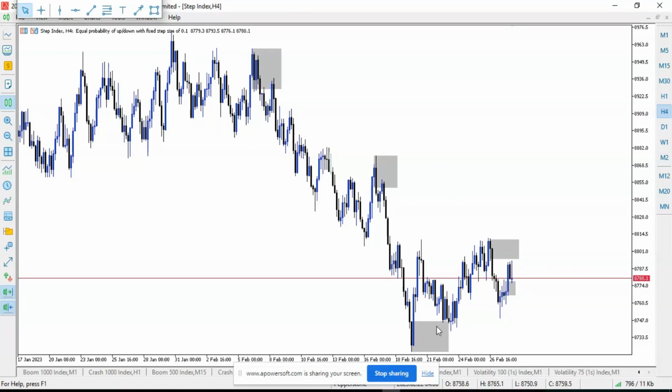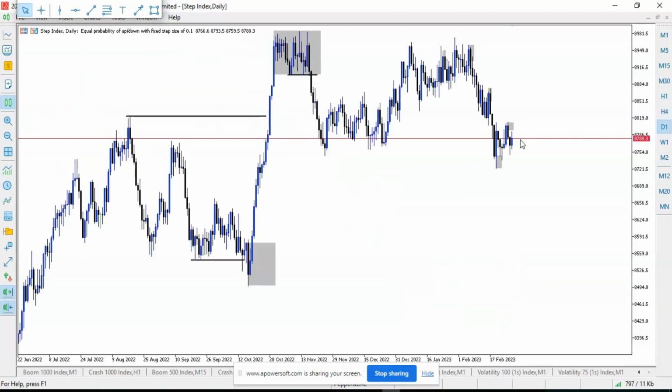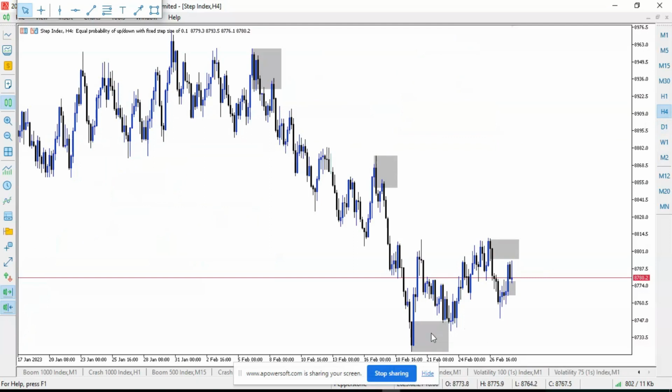Basically, we have an area of demand here. You get? Remember, on the daily, you first understand this matrix. On the daily, the market is still bullish. You get? It's still bullish because we have a higher low and a higher high. You get? Now, what are we seeing on the H4?